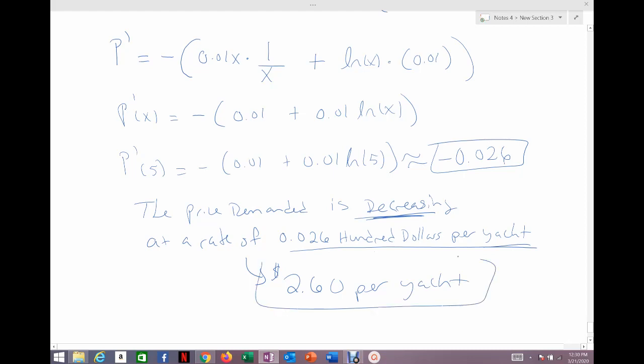So either of those would work. If I multiply this by 100, right, so this $0.026 is the same as $2.60. And it's still per yacht. X is still in terms of yachts. And so either one of those would work. So price demand is decreasing at a rate of $2.60 per yacht. So it's not decreasing by much.